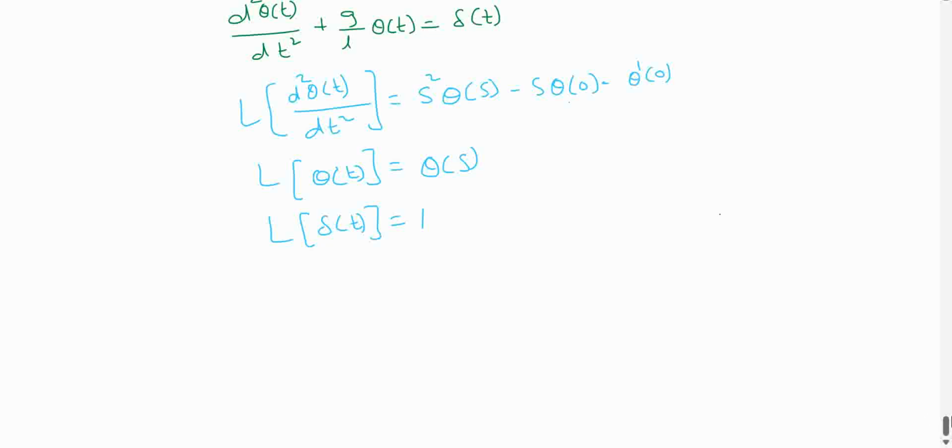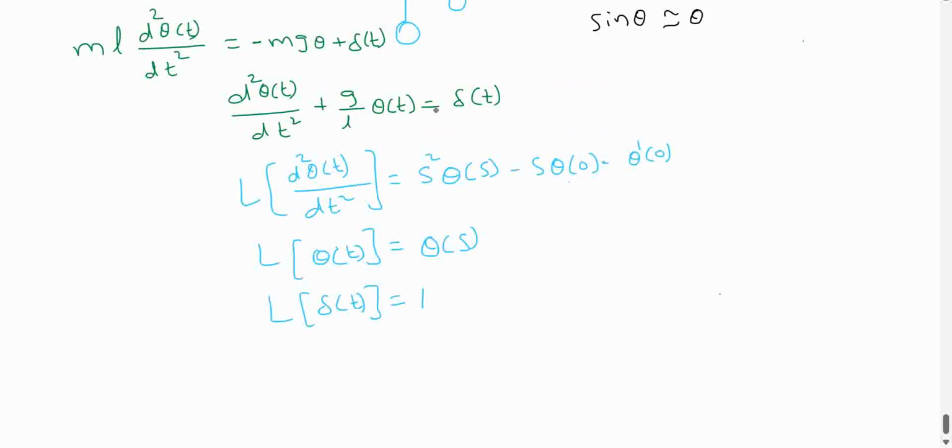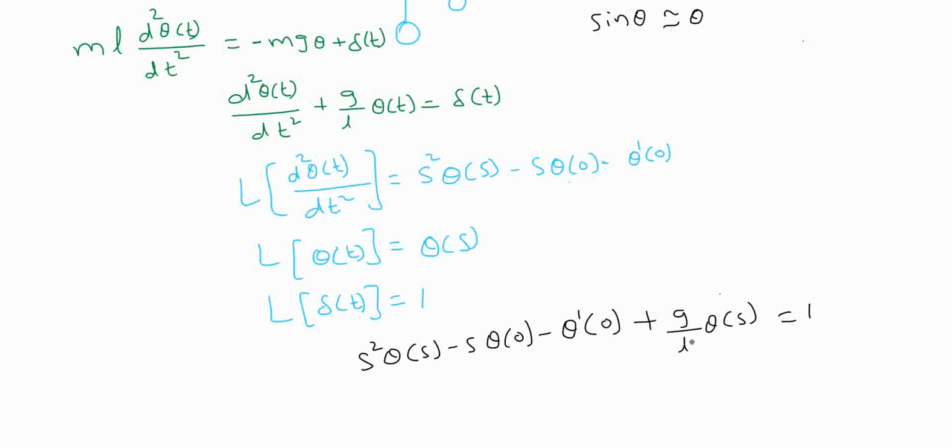So I'm just substituting in the above equation here. So that would be s square theta of s minus s theta of 0 minus theta dash of 0, plus g by l theta of s equal to 1.